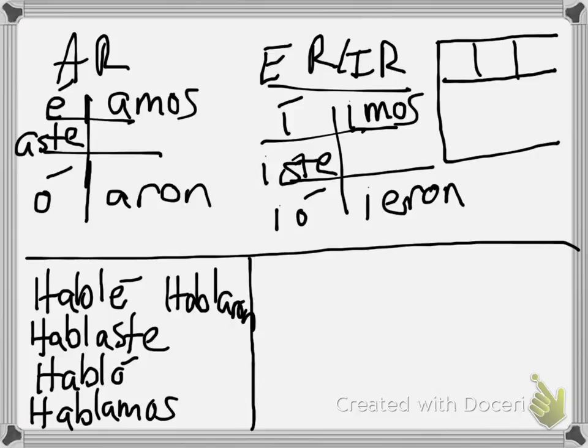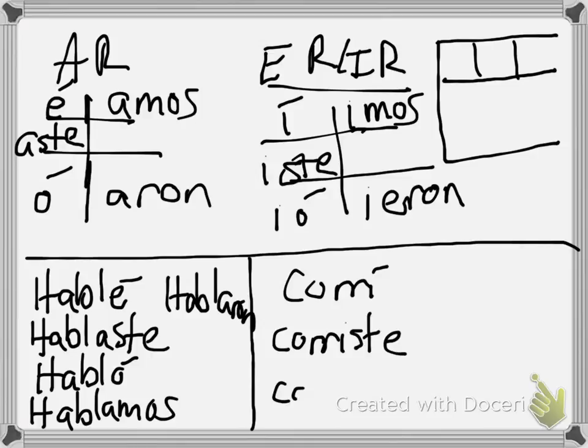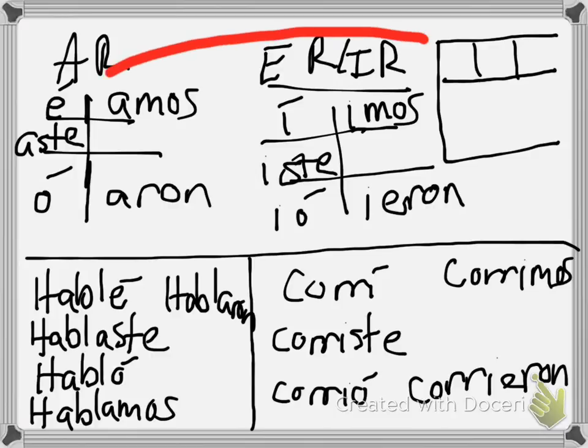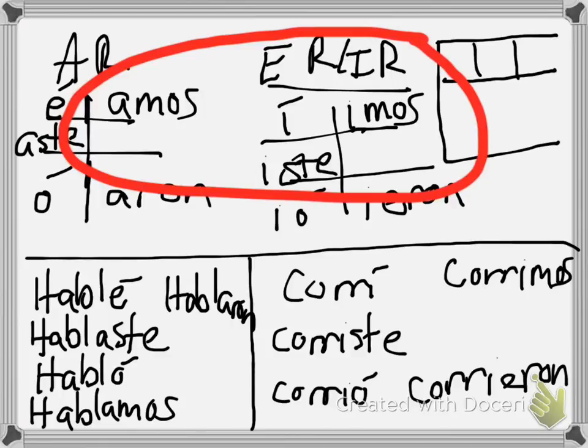ER and IR verb, we can do corrí, corriste, corrió, corrimos, corrieron. That's all you have to do for AR and ER and IR verbs in el pretérito, or in the past tense. The easiest thing to do is to memorize these charts.